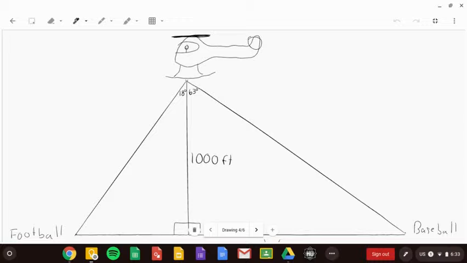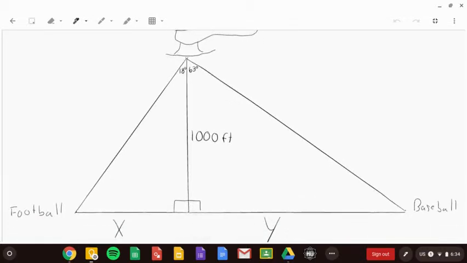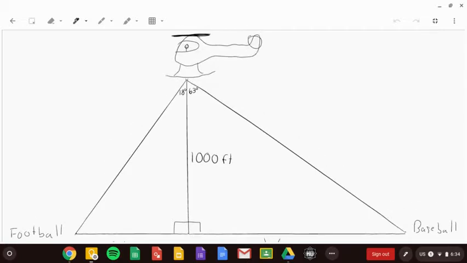The angle of depression or elevation is usually used in a word problem when someone's trying to find how far or how tall something is. The angle of depression is when someone's looking down at something, like the pilot looking down at the two stadiums, or if someone was on the ground looking at the top of the Empire State Building, trying to figure out how high it is.